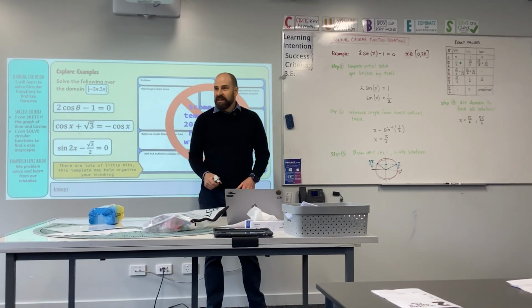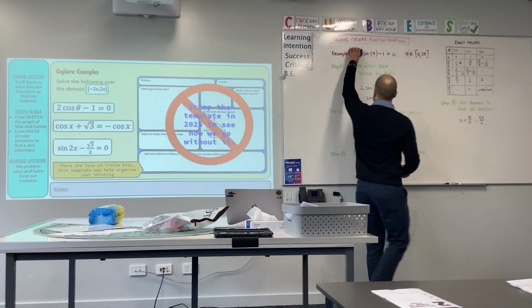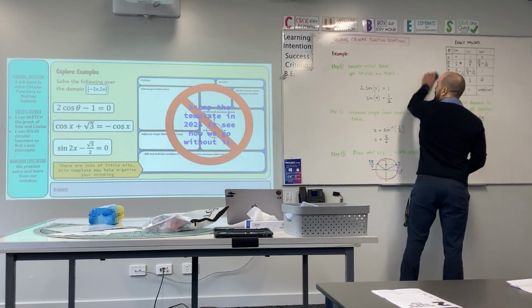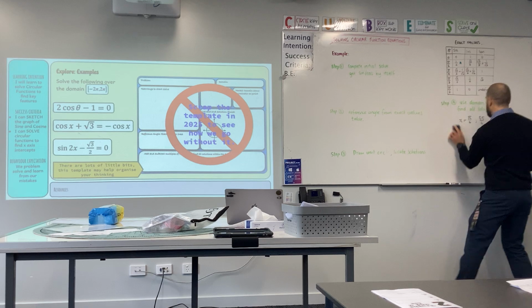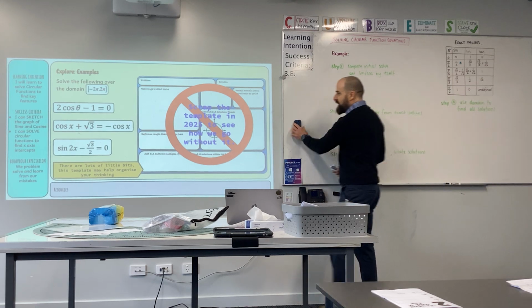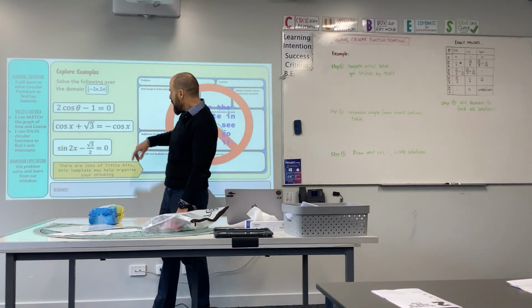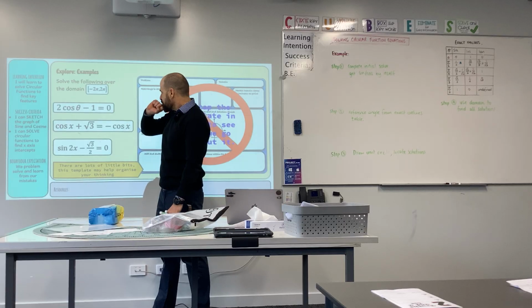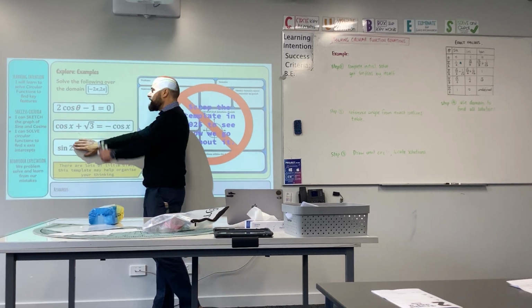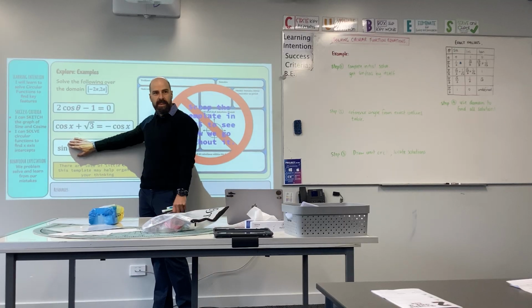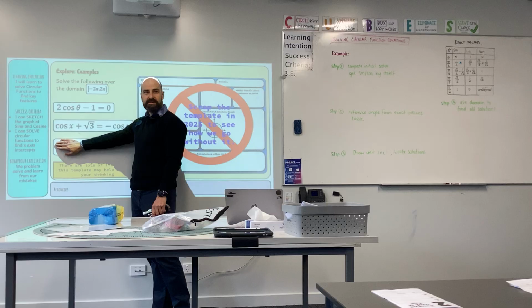Okay, let's do the second example. I'm going to keep the green bits because they're going to be our steps. Except now I'm going to have a go at, which one do you want me to do? Out of those two. Bottom one. Third one.